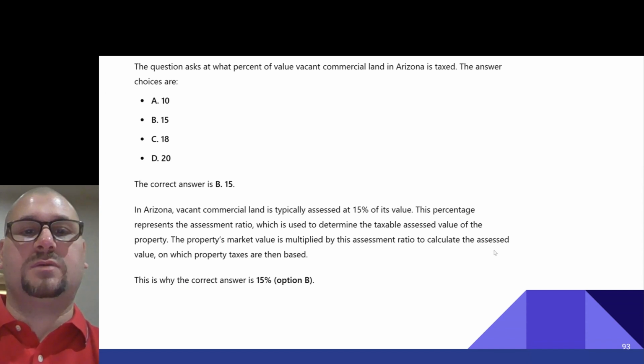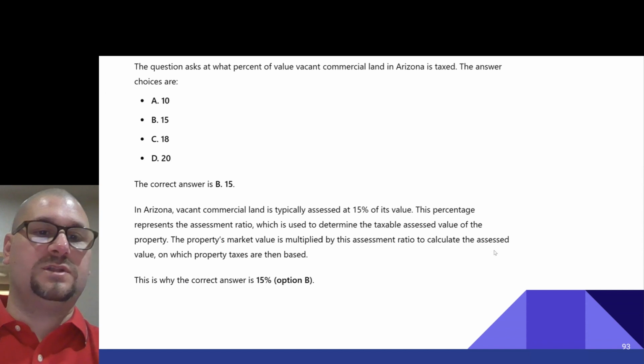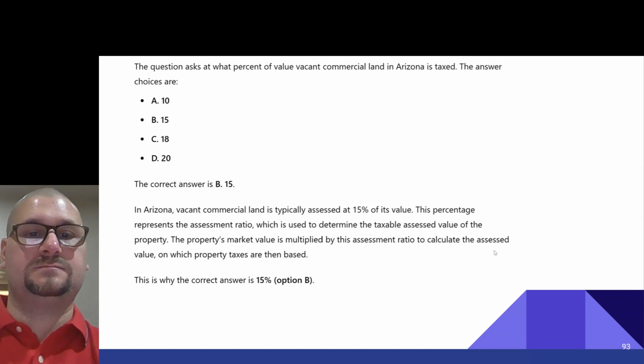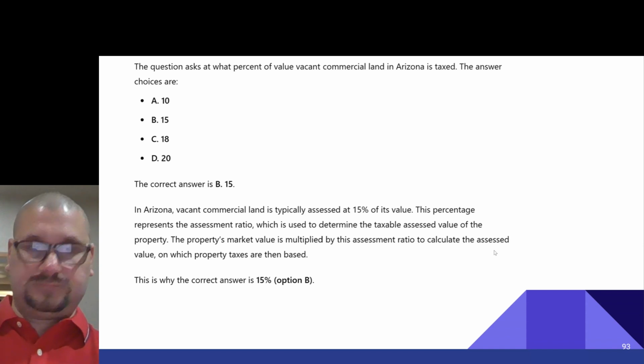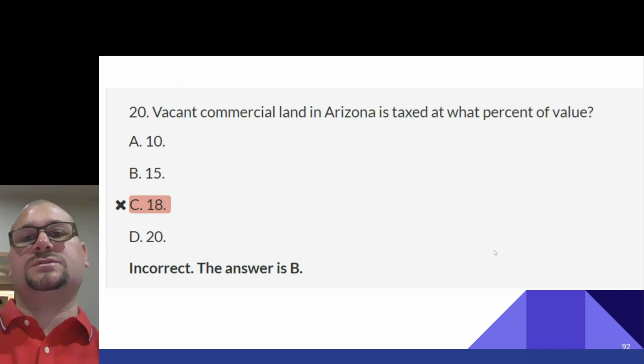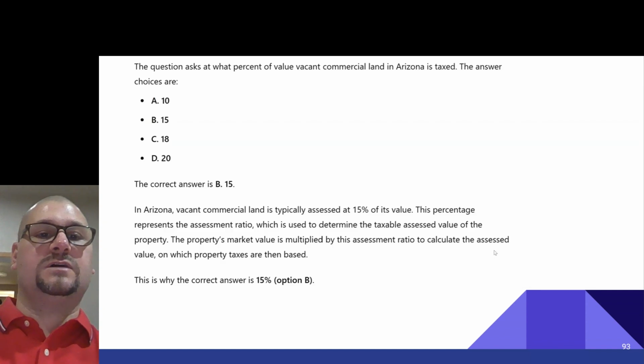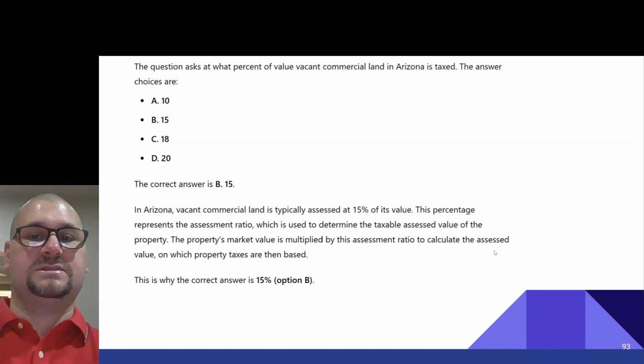The property's market value is multiplied by this assessment ratio to calculate the assessed value on which property taxes are then based. So this is why the correct answer is 15%.